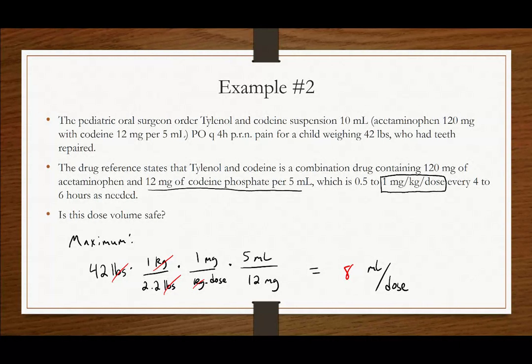So long as we're not going over this, then we can confirm that the order is safe. However, if we compare a suspension to what is ordered, 10 milliliters exceeds the maximum recommended dosage. So the question of is our dose volume safe, in this case, is no. The order exceeds the maximum.